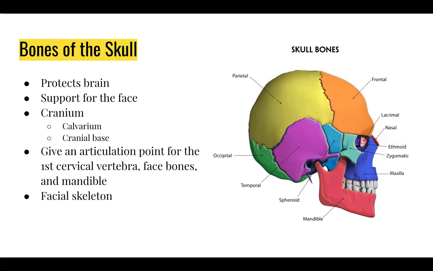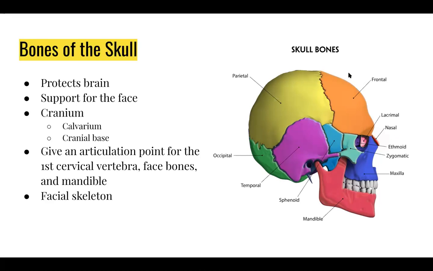Your cranium has two parts, the calvarium and your cranial base. The calvarium is the roof of your cranium, and it contains the parietal, frontal, occipital, and temporal bones. Can you guys see my cursor?